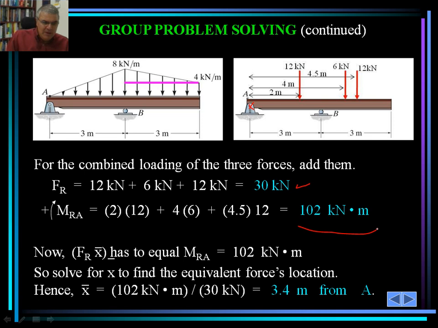Now we're going to find the equivalent. F sub R times x bar has to be equal to M sub R A, 109 kilonewton meter. And so we solve for x, and we would locate that 3.4 meters from A.